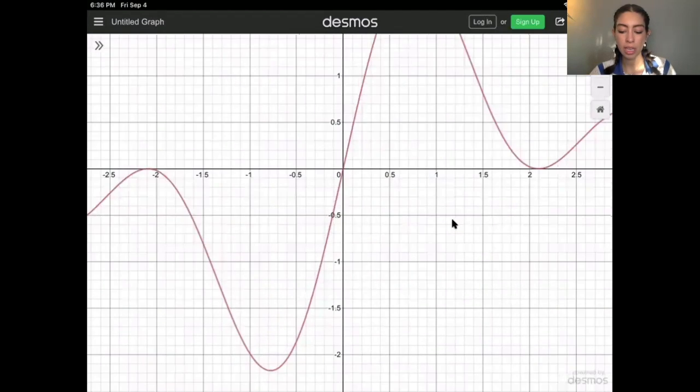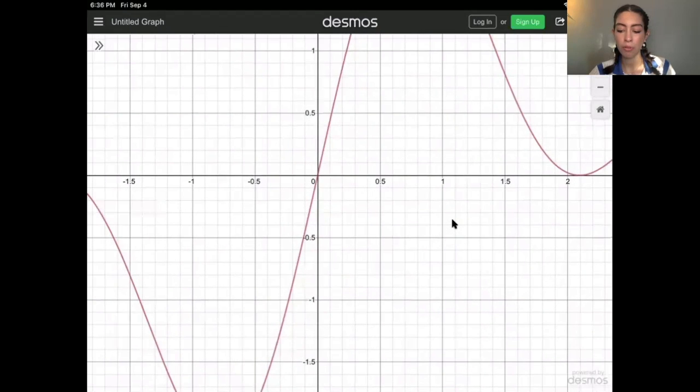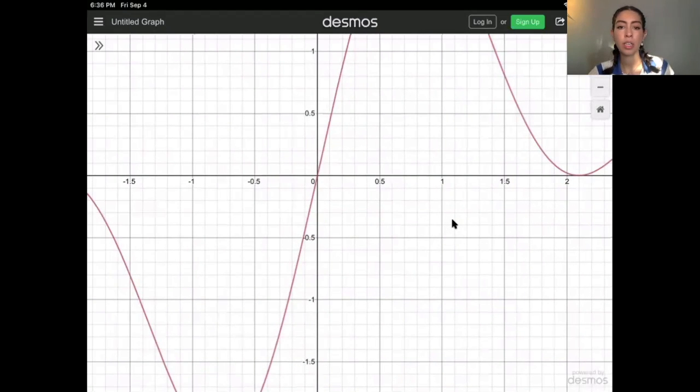So I can see here graphically from the left side, we are reaching 0, this point right in the middle here. And then same thing from the right side, we are also approaching 0 right there. So from a graphical approach, I can see that my limit is going to be equal to 0.